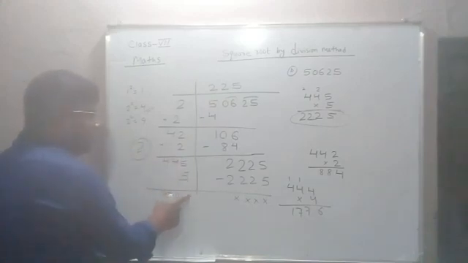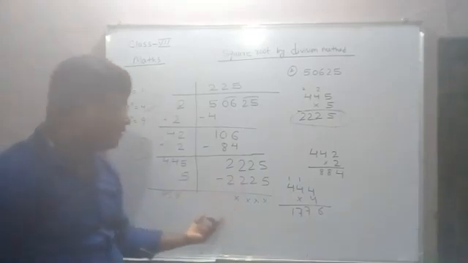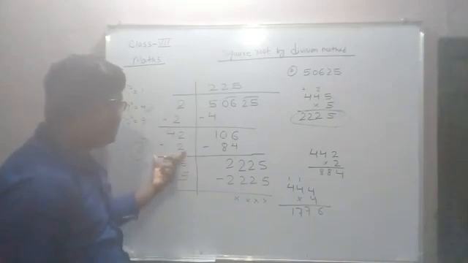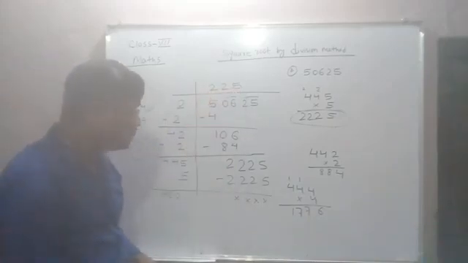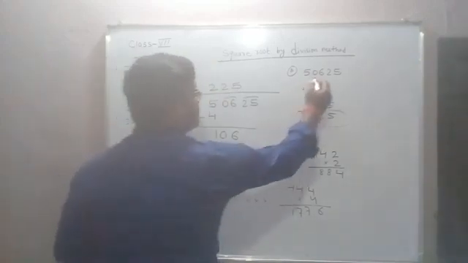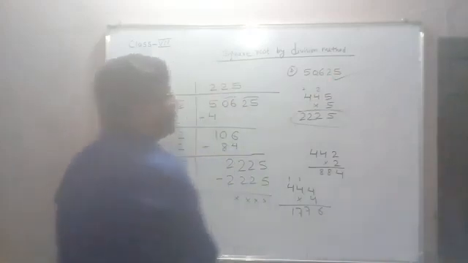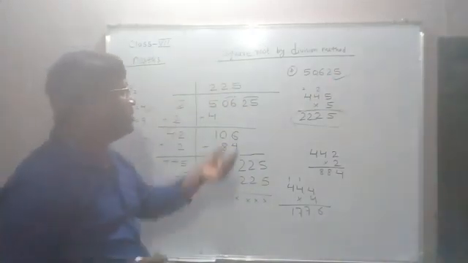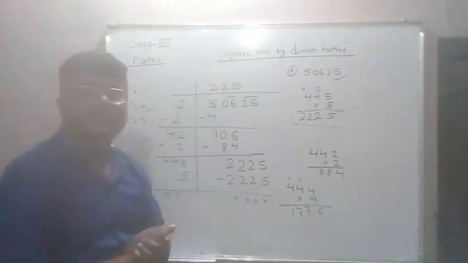Now we got the answer, 225. So the square root of 50,625 is 225.